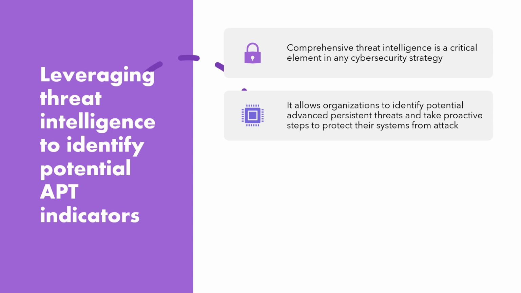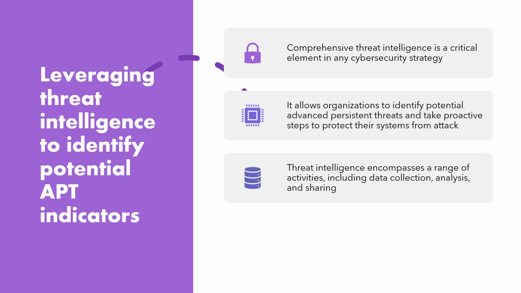AI-powered security tools can also be used to automate key security processes, such as malware analysis and network segmentation. This can help organizations quickly identify and respond to threats, as well as reduce the workload of security personnel. AI-powered security tools can also be used to detect and respond to cyber attacks in real time, allowing organizations to stay one step ahead of attackers.